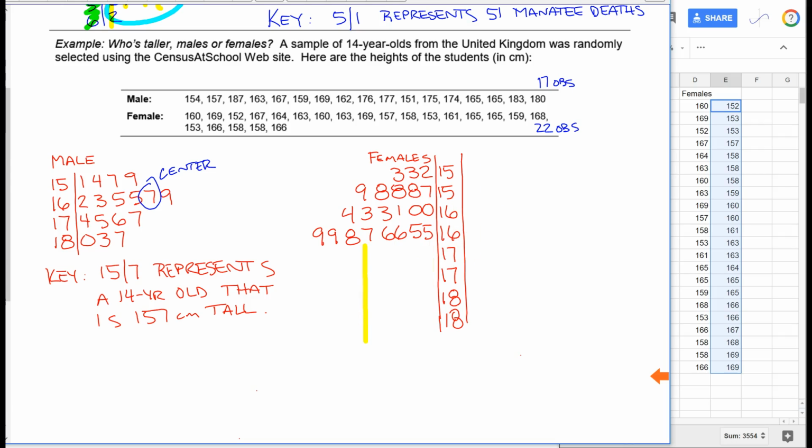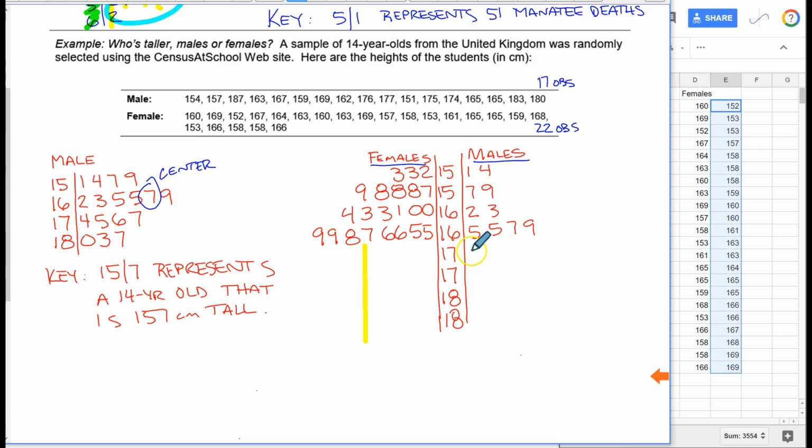So I'm going to recreate the plot for the males on the right hand side. And it's pretty easy for me to look over at the previous stem plot I did to do that. So let's see, I'm going to have 151 and a 154, 157, 159, 162, 163, a couple 165s, a 167, a 169.